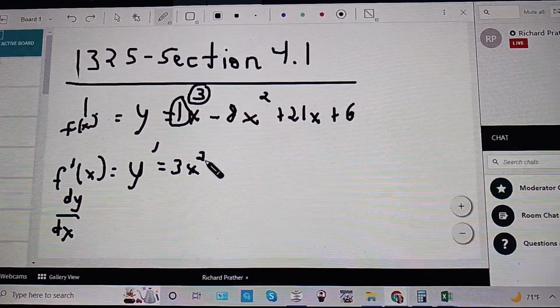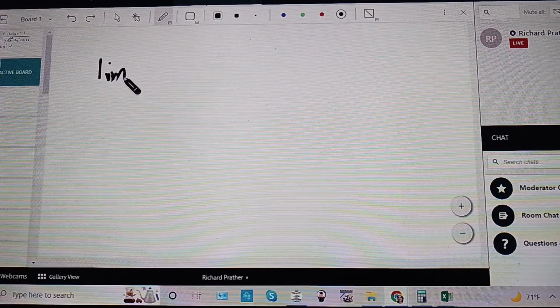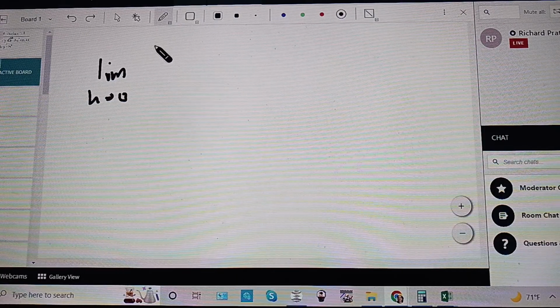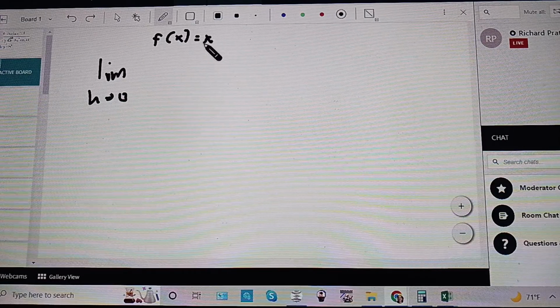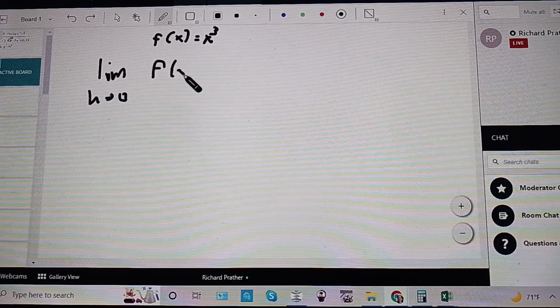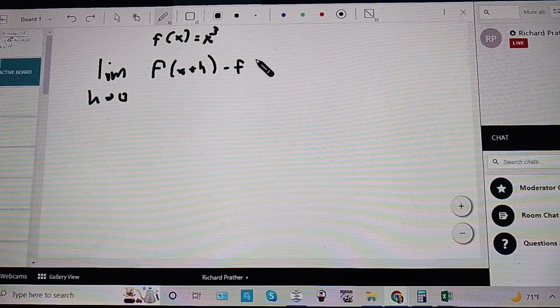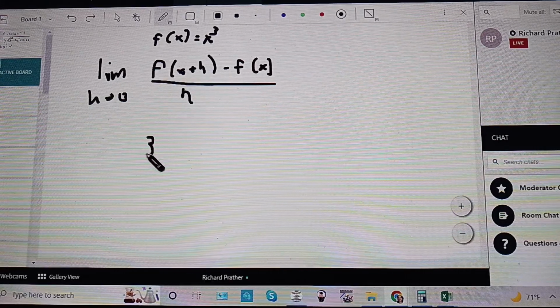So if you just did the limit as h approaches 0, if your whole function was x to the third and not those other terms, and you did f of x plus h minus f of x over h and simplified the whole thing down in about 5-10 minutes, it would turn out the answer would be 3x squared.